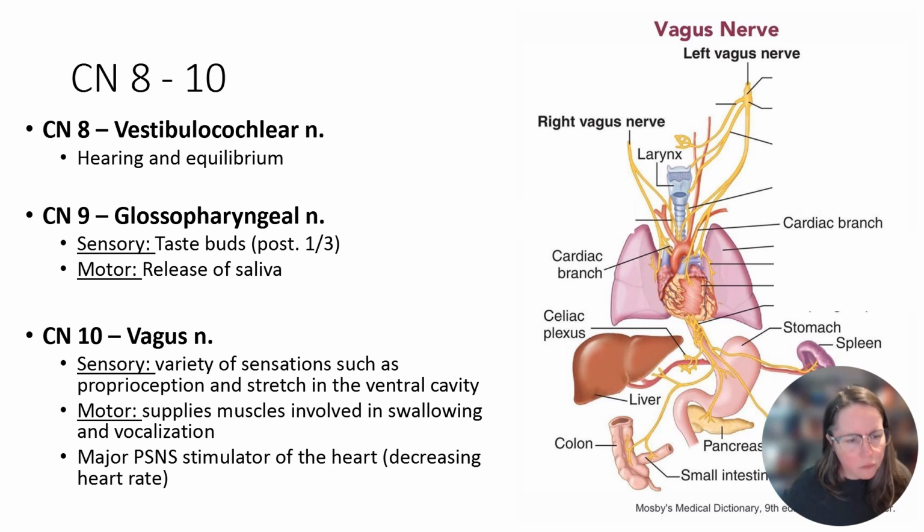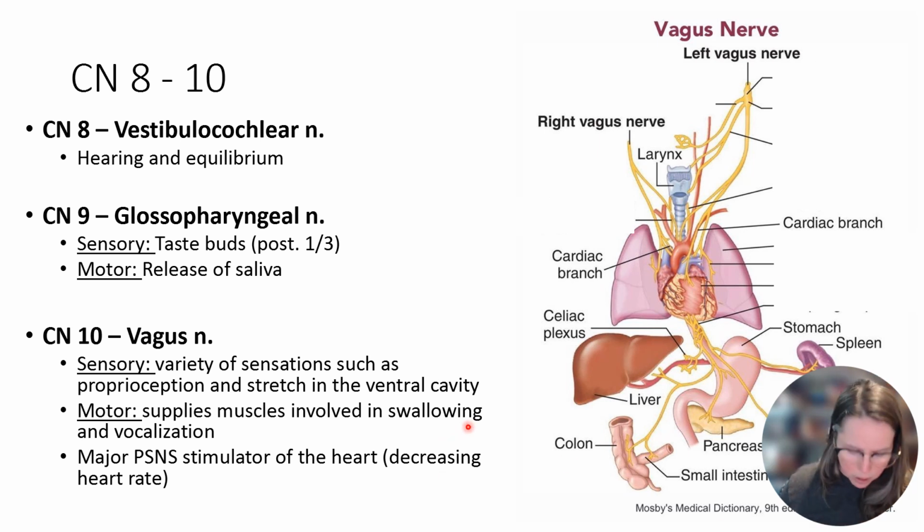The vagus nerve is a big nerve, and you guys will talk about this nerve a lot in physiology. It's actually going to extend from the brain down the neck and into the chest and abdomen. So it's going to go through the entire upper portion of the body. It has a role, again, in speech and swallowing.